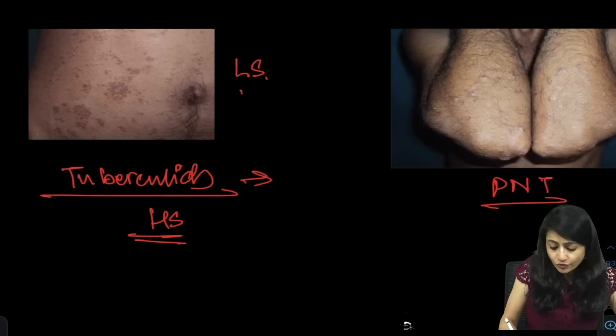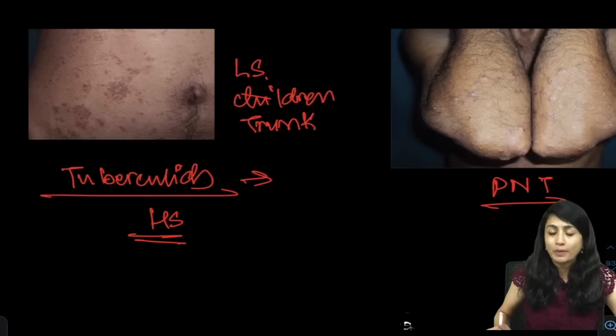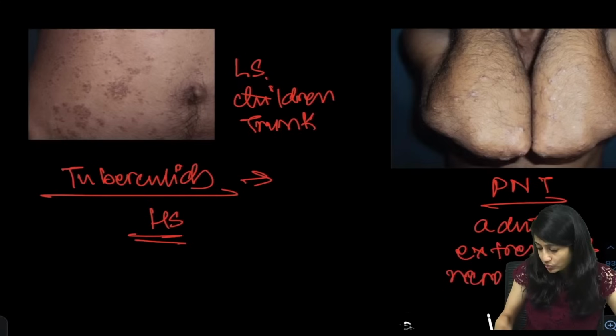Now, lichen scrofulosorum you would usually see in children, and it will be present on trunk with follicular or perifollicular micropapular lesions. PNT is seen in adults, it is seen in extremities, and patient presents with necrotic papules.